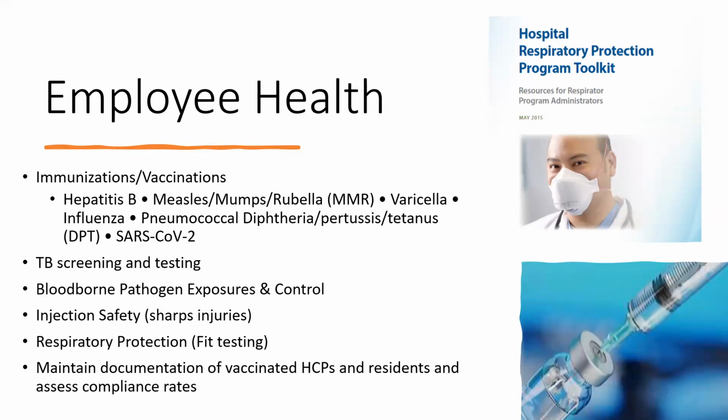So assessment should address the following immunizations as you see here listed on the slide. All employees should be offered influenza vaccine annually, and injection safety and a respiratory protection program, which requires fit testing, and also bloodborne pathogen exposure, which should include protocols for managing exposures and illnesses, are all OSHA requirements.